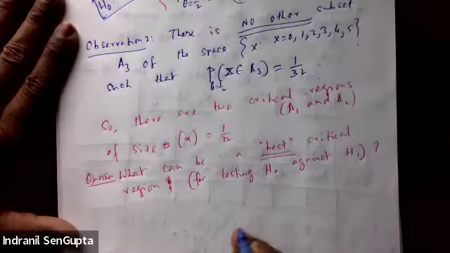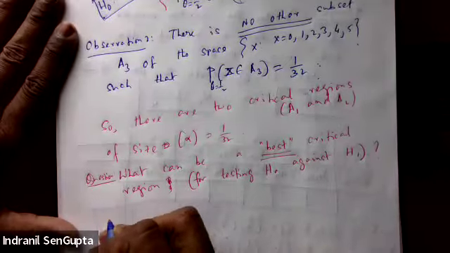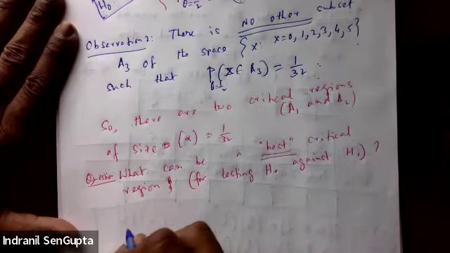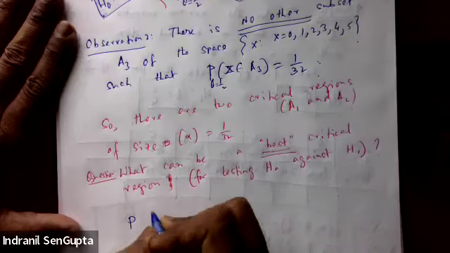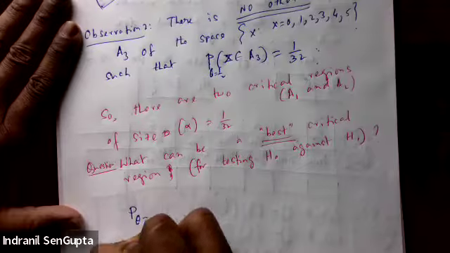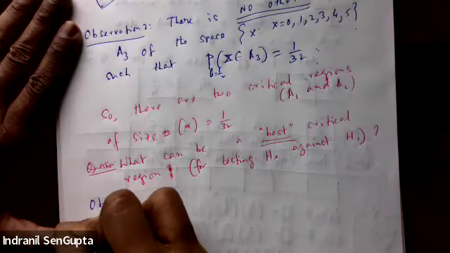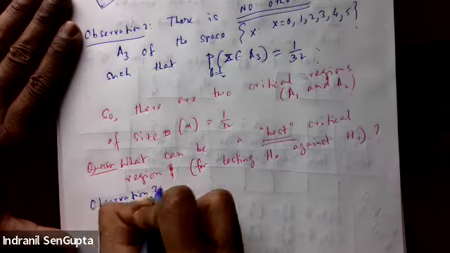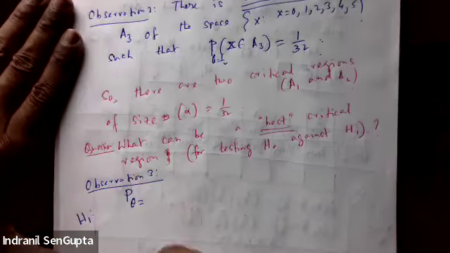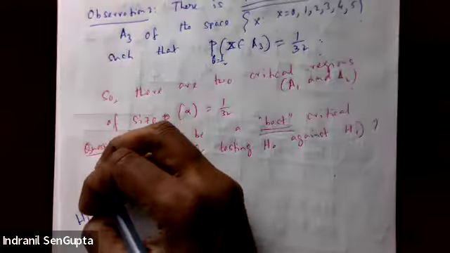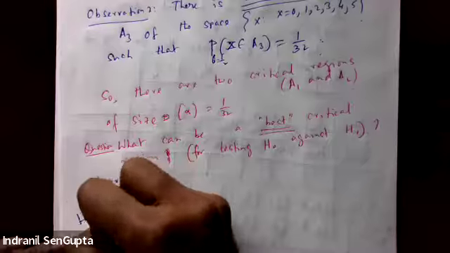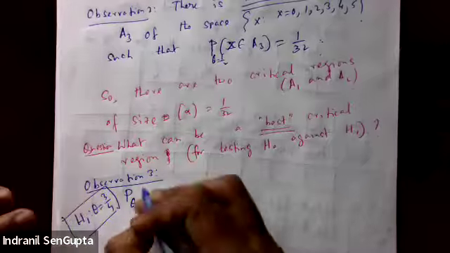Let's look at this one. Observation 3: let's consider the alternative hypothesis. H1 was the alternate hypothesis, which is theta equals 3/4.